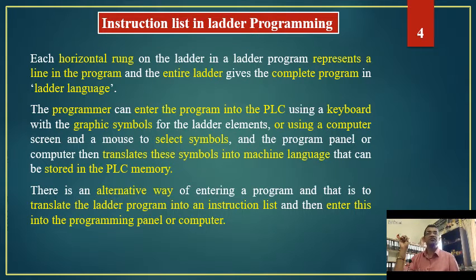And then this instruction list could be entered into the program panel or a computer. Once we do that, it is ready to be loaded into the PLC. Then it could be directly loaded into the PLC, and the PLC starts executing these programs.